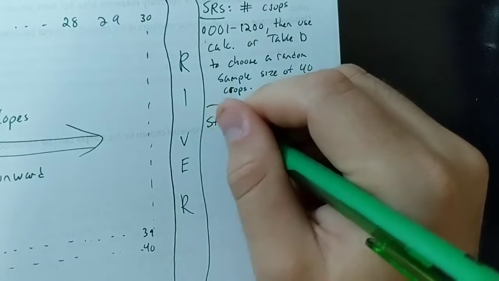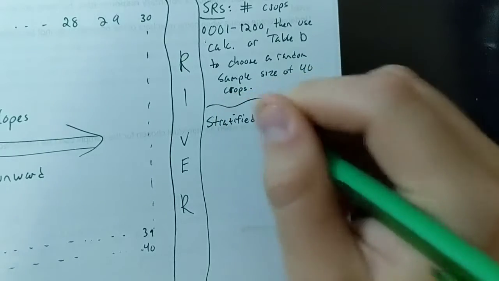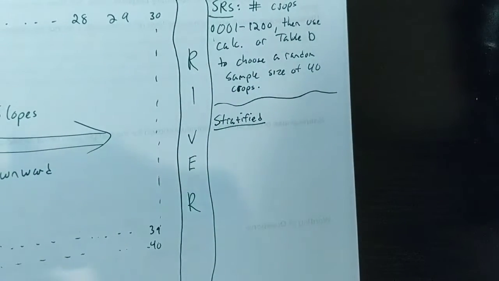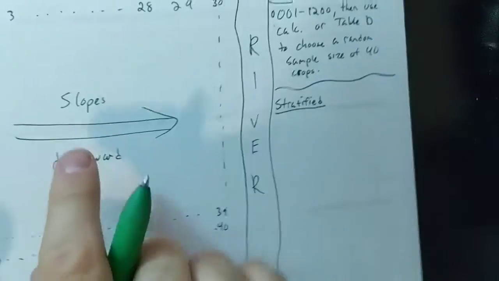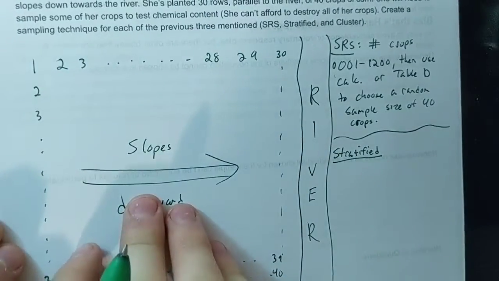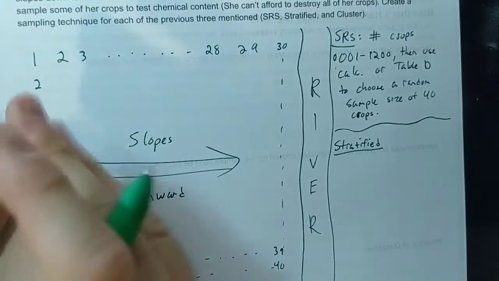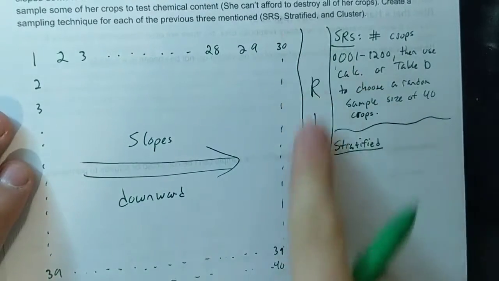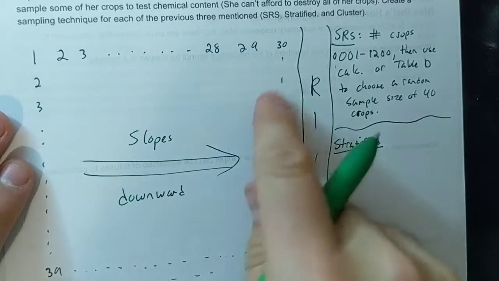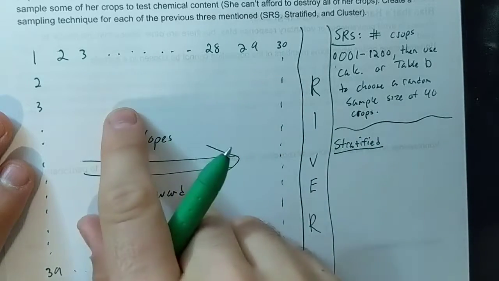Stratified random sample. Remember, for a stratified random sample, we need groups of similar things. So what we can do here is break this crop field up into groups that are similar. This should be a little bit easier because if you have a river here, as you go inward, the crops get further and further away from the river.